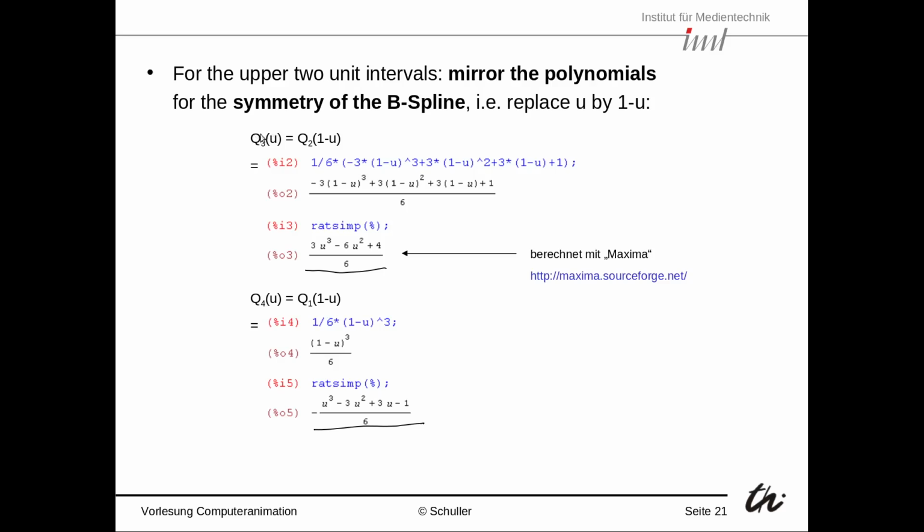So here we take Q3, which we obtain by mirroring Q2 by replacing u by 1 minus u. And I do it using the software Maxima, which is an open source software for symbolic computations like this. And this is then the resulting polynomial. Similar for the last polynomial, which I obtain by mirroring the first one. This is the final polynomial.